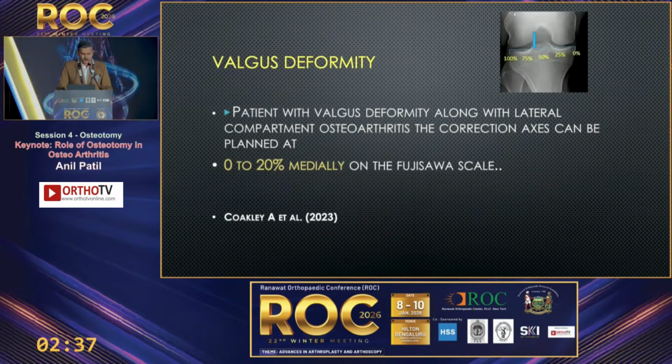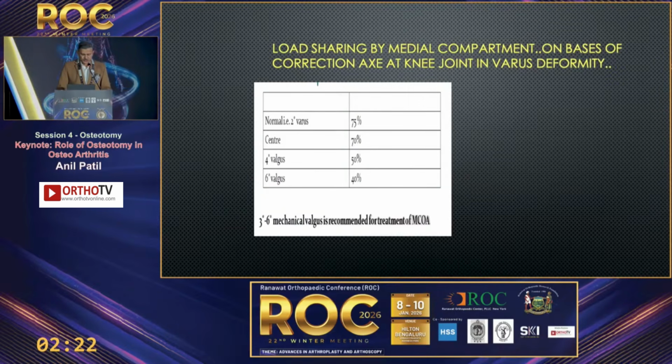So they have shown what happens in the valgus deformity. In the valgus deformity, you are trying to shift this point medially between 0 to 20%. This was shown by Coecle et al. in their study. So we know load sharing, this is what I was trying to tell again, is about load sharing.